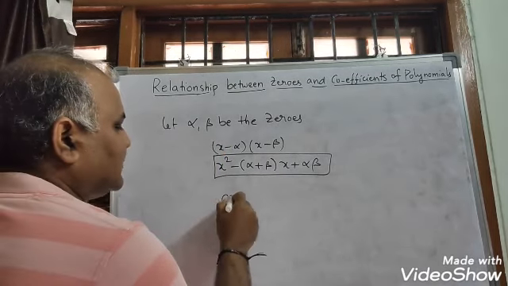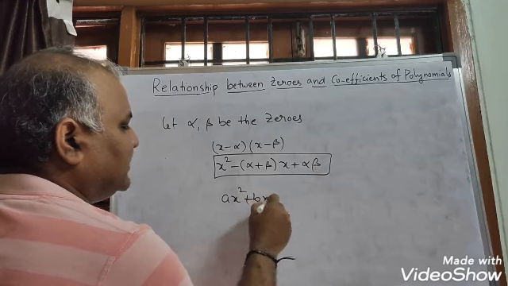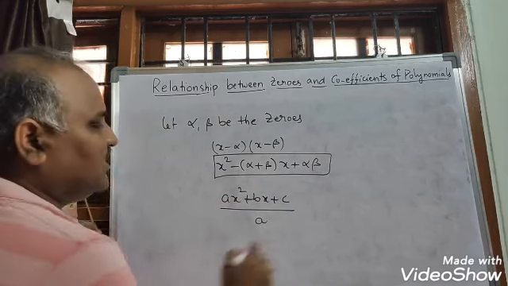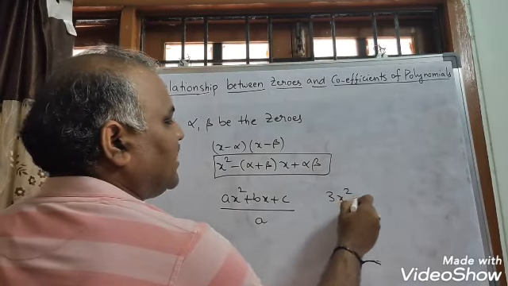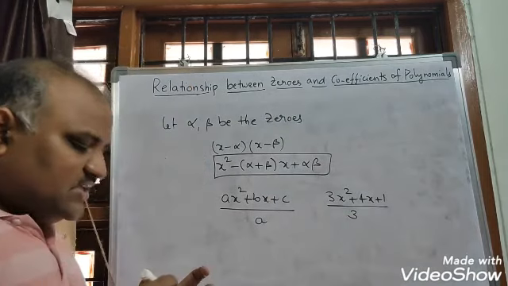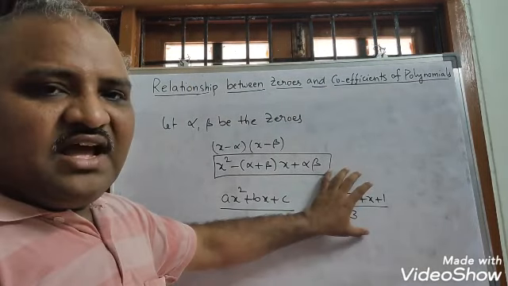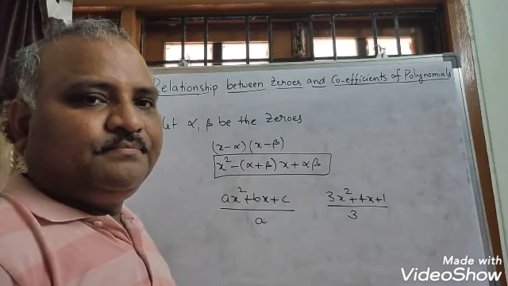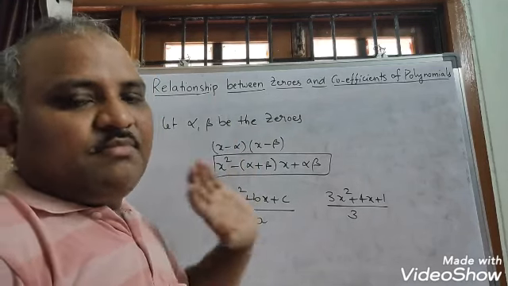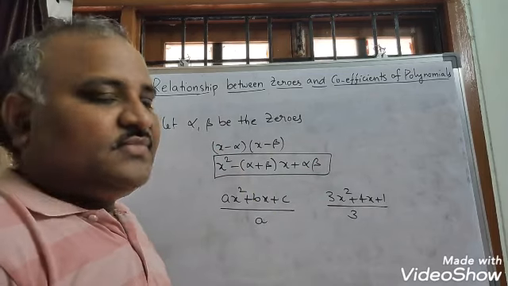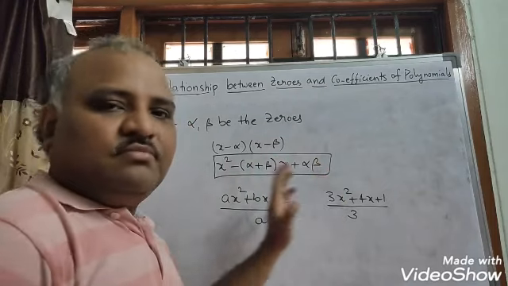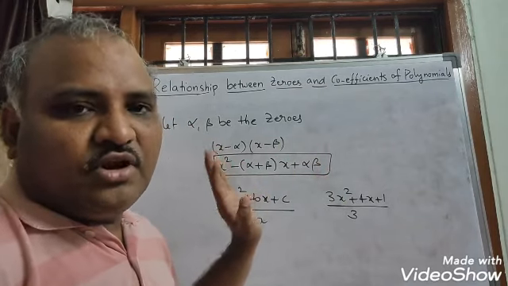Previously we already got ax square plus bx plus c by a. With an example we did that, we got 3x square plus 4x plus 1 by 3. So in this form we can get the polynomial if alpha, beta are rational numbers, that means fractional values. Otherwise if they are integers, directly we can get the answer as a monic polynomial.